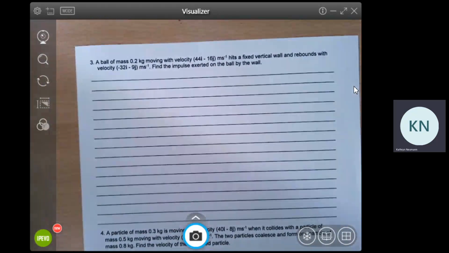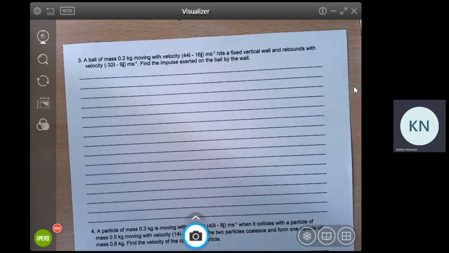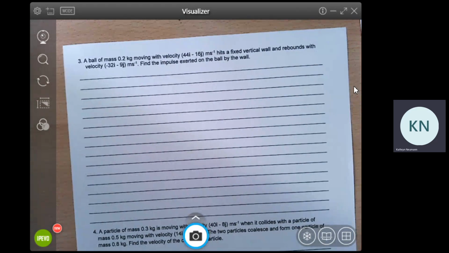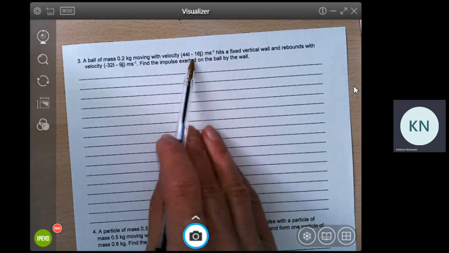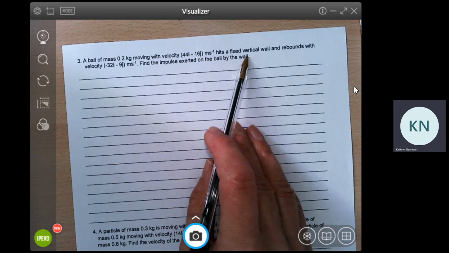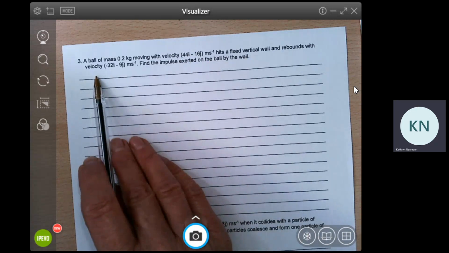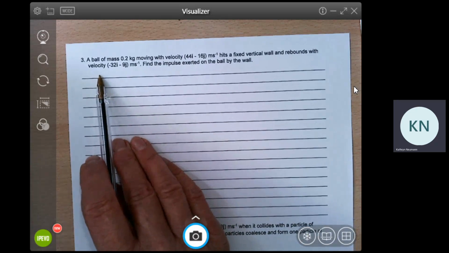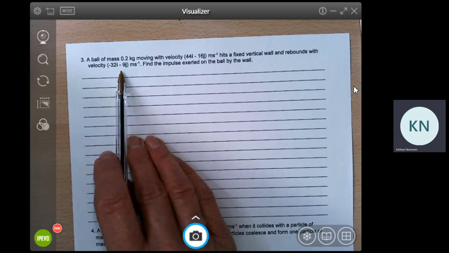Moving on, we've now got a slightly more complicated situation going on here. We've got a ball with mass 0.2 moving with that velocity, hits a fixed vertical wall and rebounds with a velocity of -3i minus 9j. Find the impulse exerted on the ball by the wall.